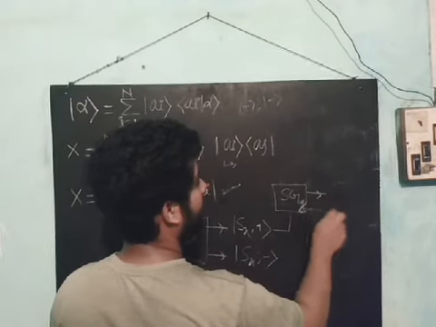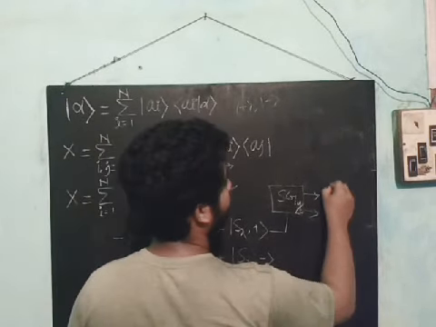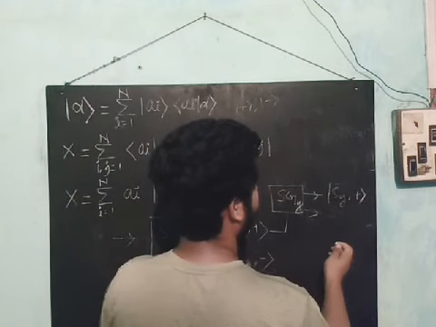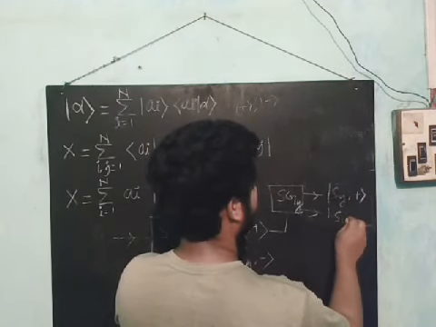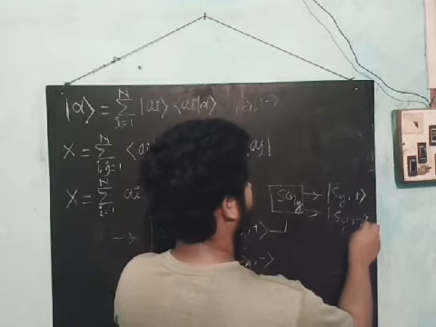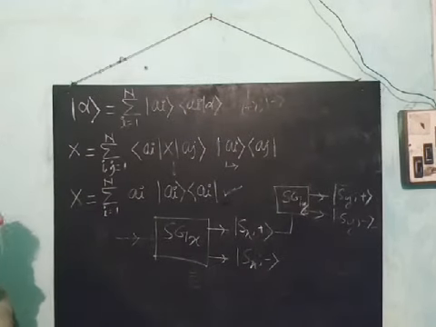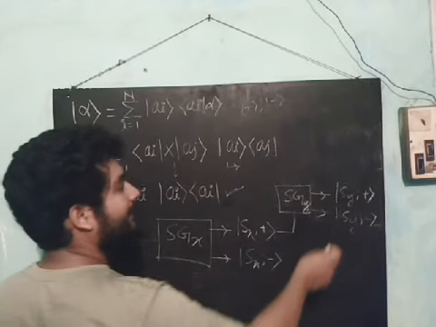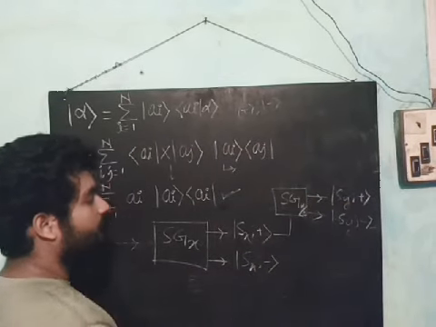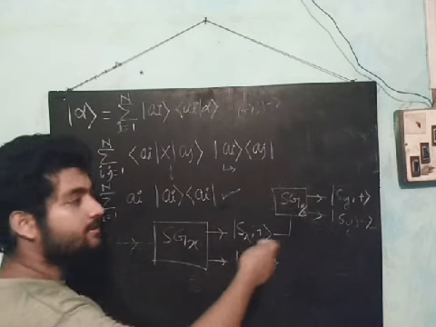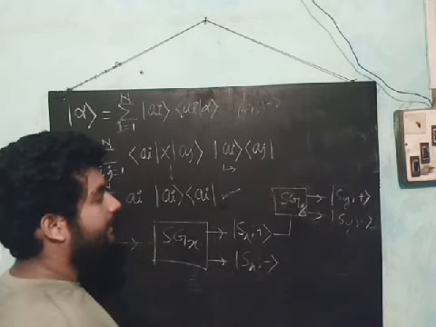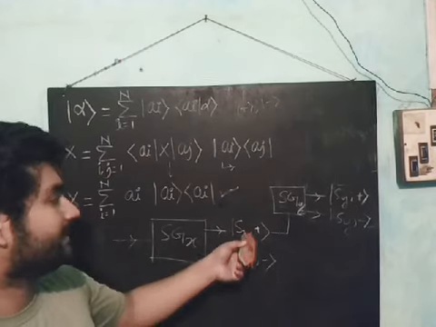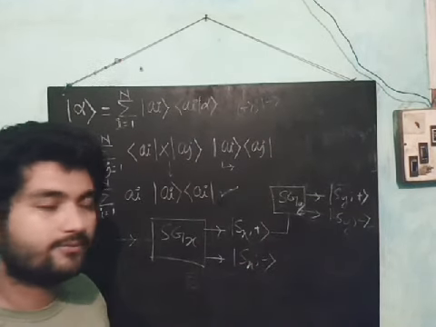It will give me both components, Sy positive and Sy negative. So the probability of getting Sy positive from Sx positive is half, right? And similarly the probability of getting Sy minus from Sx plus is also half.